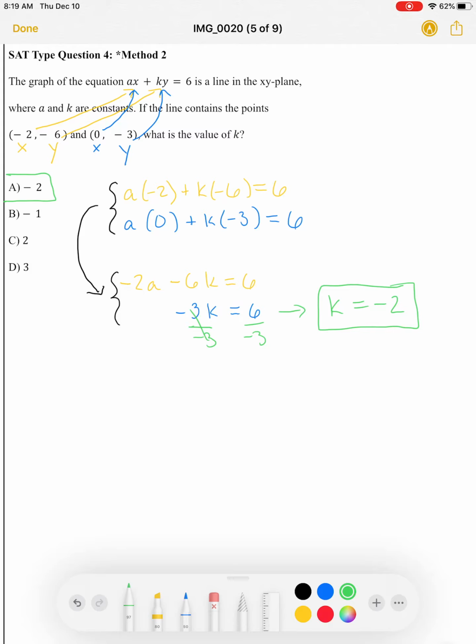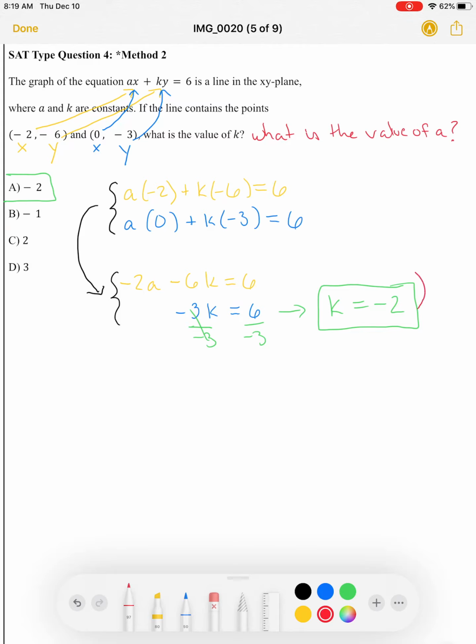If the question had asked for the value of a instead of k, we could have plugged k back in to find the value of a. So I'm actually going to do that. What is the value of a, just in case it had asked that?